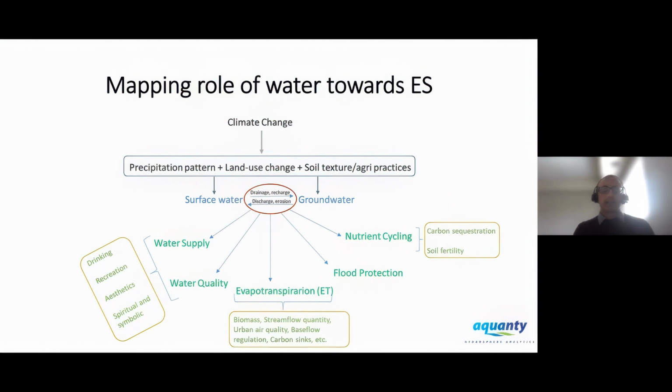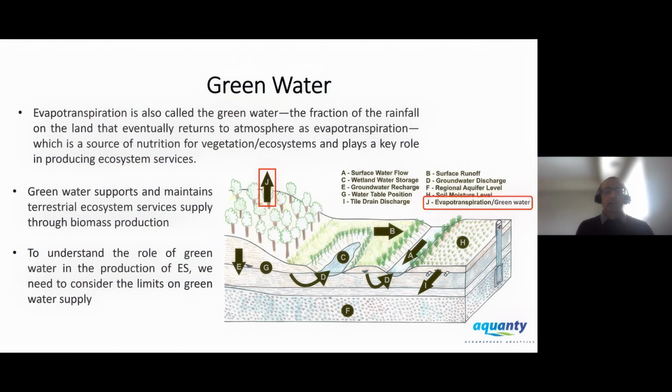exchange. And at the same time, if you look at ET, that is the major thing which is being supplied by this surface and subsurface water exchange, and it supplies a number of ecosystem services because the land users use the water through ET, and then they supply ecosystem services, and therefore it is a very valuable part.